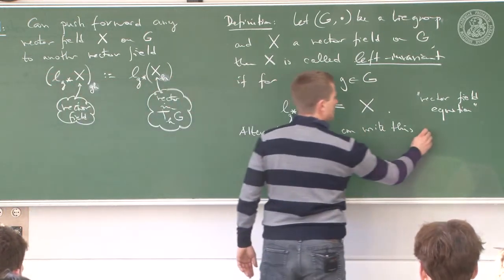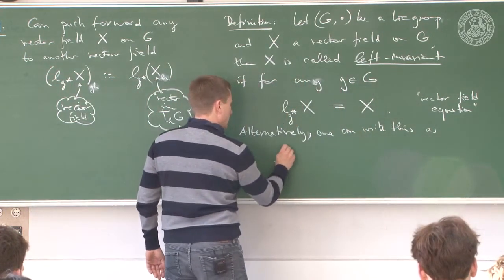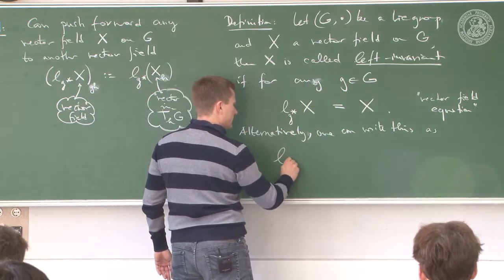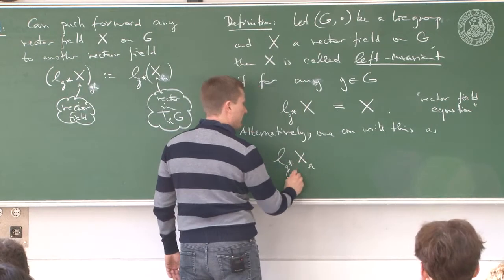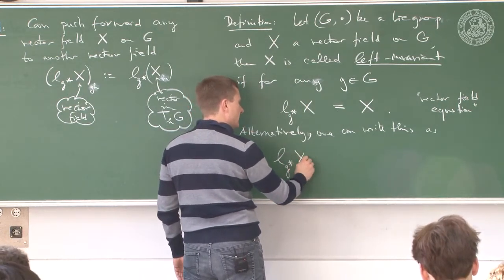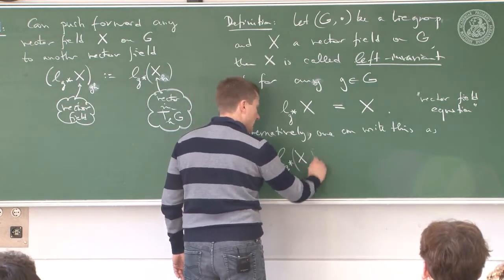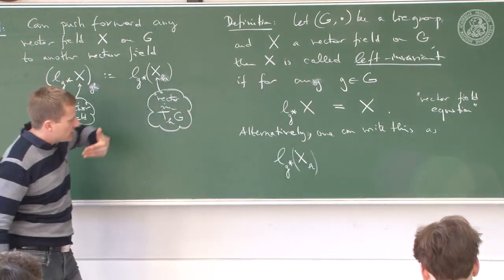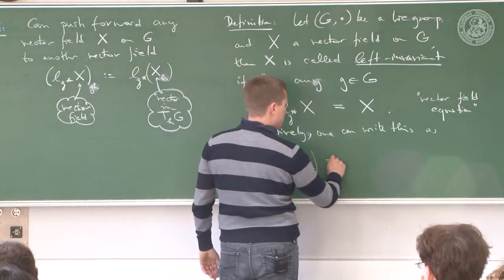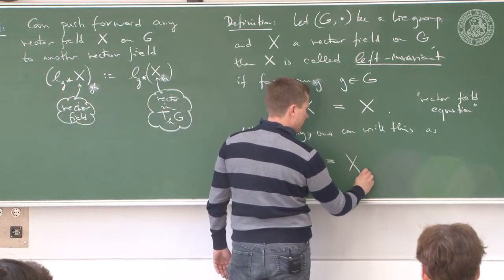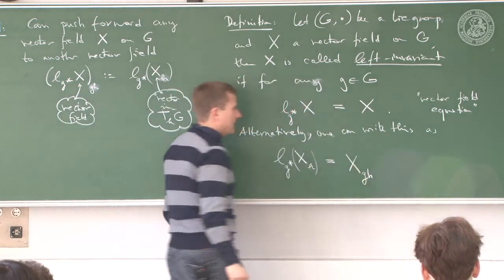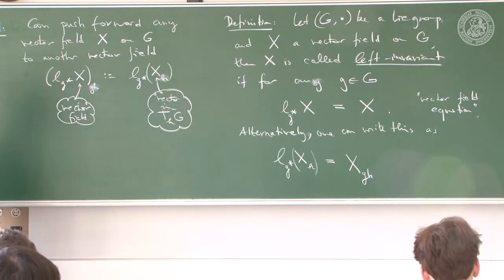It means you take a vector at the point h and you push it forward, and the result is of course a vector at the point gh, and indeed you had a vector field, so you can also evaluate it at the point gh.